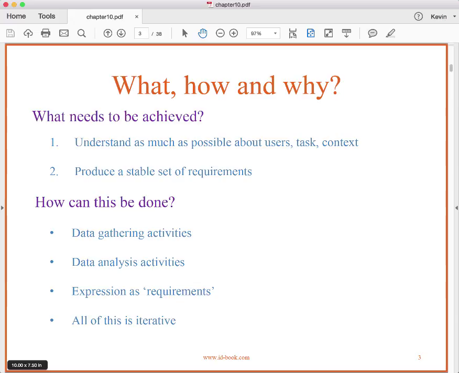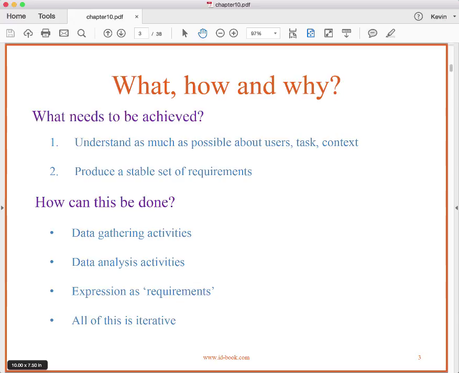What are the requirements for this product? In particular, who is the user? Or who are the users? What kind of job are they doing? In what kind of time context? In what kind of environment? What kind of capabilities and sensibilities do they have? All those kinds of things.